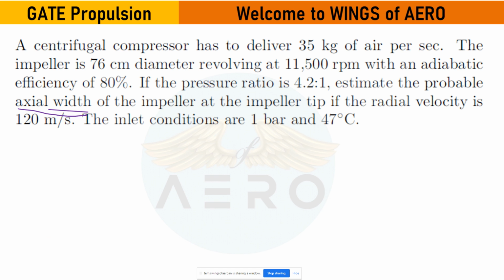Remember the axial width formula which I have said before, that is A equals pi d w. That means w you have to find, d is given, that is 76 centimeter, that is 0.76 meter. Now what else is given?